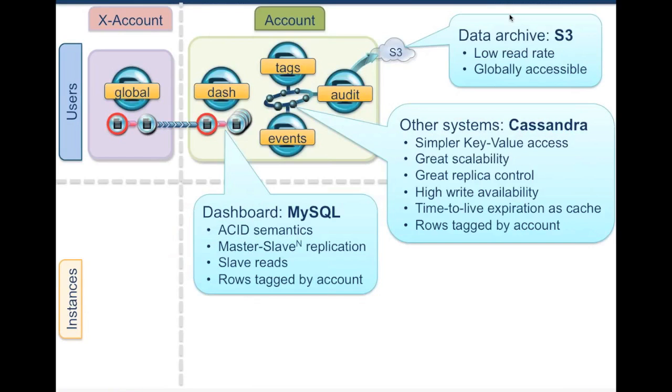That gives us the ability to push as much data as we want into that Cassandra cluster, knowing that when I ask for the events that have happened for my account, I will only get the window of the last 10 minutes, because Cassandra will automatically expire those rows. For all these, like for example audits, we use S3 for archiving and backup recovery and things like that. But for the most part, we don't do anything too weird with S3.